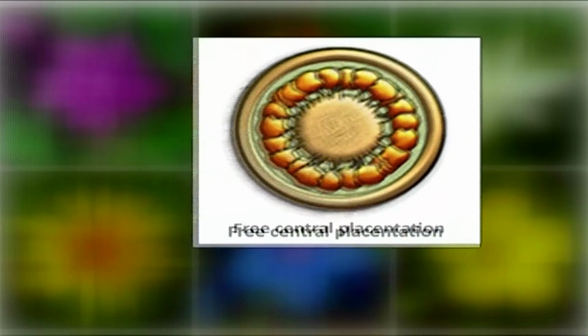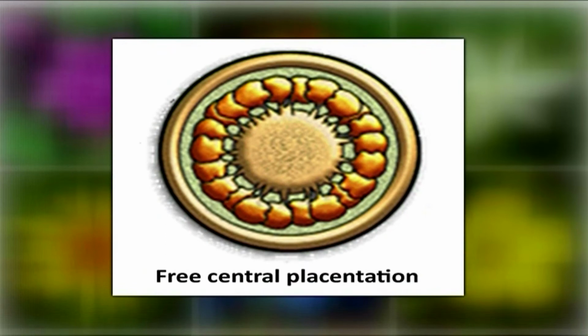In some ovaries, the placenta are found in clumps along the walls called parietal placentation or on a central column with no septa defining locules called free central placentation.